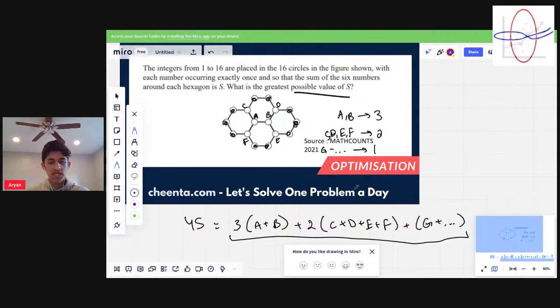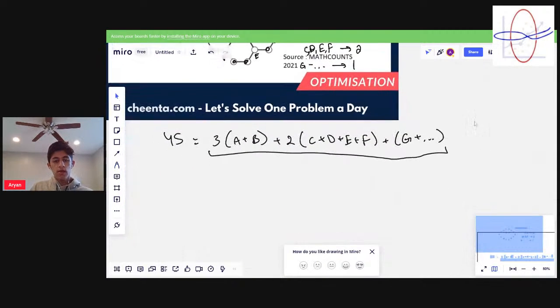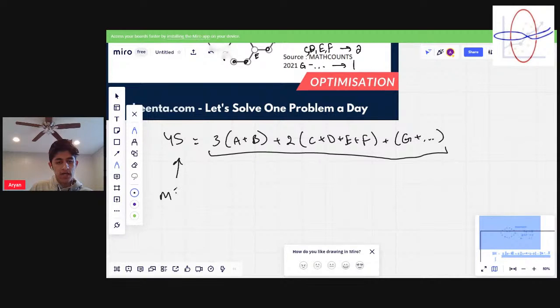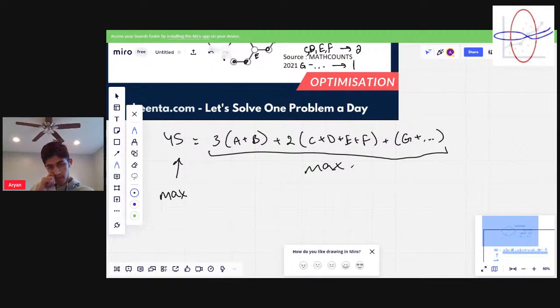Similarly, C, D, E, and F are each counted twice, and then you have the rest of the letters. Now, we're trying to maximize 4s, which means we want to maximize this expression. How do we maximize this? Common sense tells us I want to use my biggest numbers the most I can.